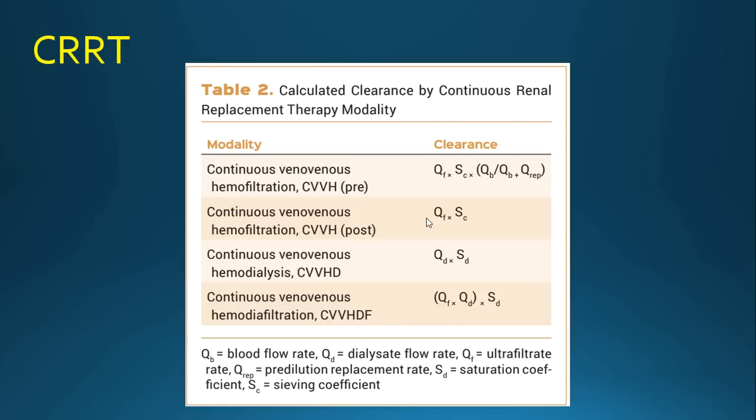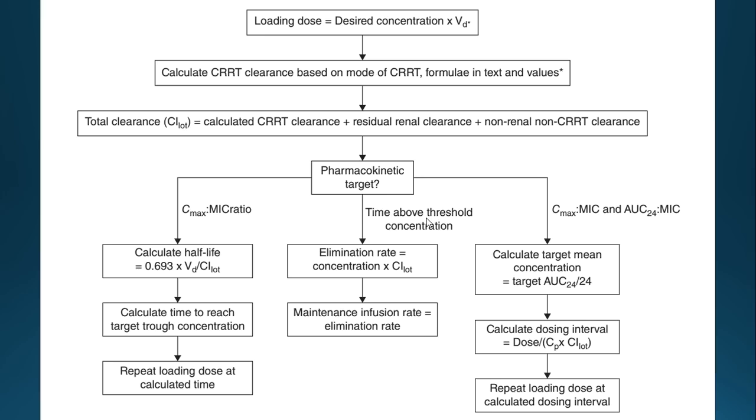Okay, if it is hemofiltration and the replacement fluid is pre-filter, then it dilutes, and it will have a different impact than dialysis and all these things. This slide gives you an idea of how a change in the mode of CRRT can affect the drug concentration. Now it is more complex, because that was a simplified drug concentration.